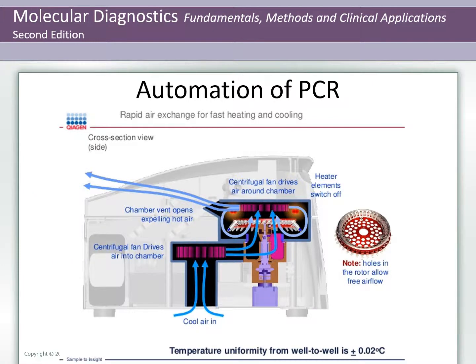This is an example of the internals of an automated PCR instrument that has different components to facilitate the temperature changes and to analyze multiple samples. As you can see in this diagram, there are several different areas where there are chamber vents and fans to facilitate the movement of air and heating and cooling.